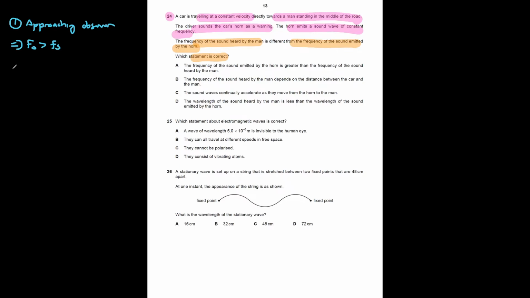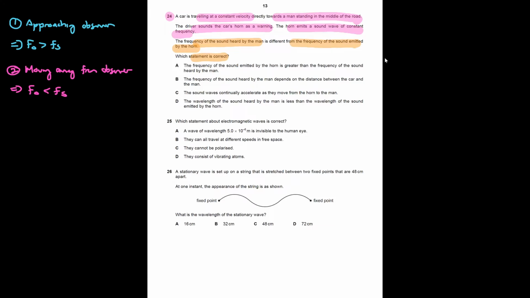But if it's the opposite case where it is moving away from observer, you would then say that observed frequency is less than your source frequency. That's in general what we normally say or do.